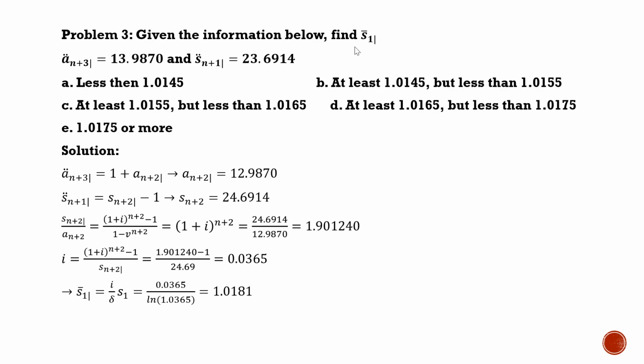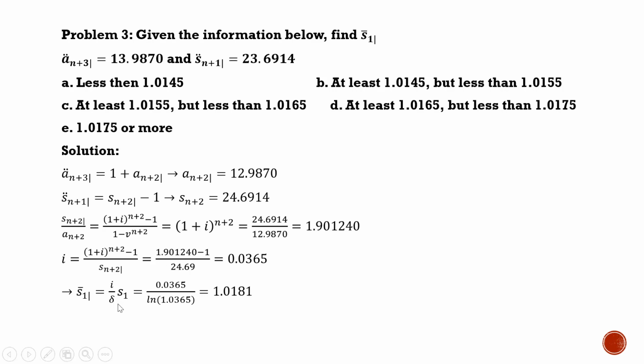S 1 bar is i over delta times S 1. This is by the formulas connecting continuous annuities and regular annuities. Remember, S 1 is basically just 1, because it's just like $1 at time 1 accumulated to time 1.